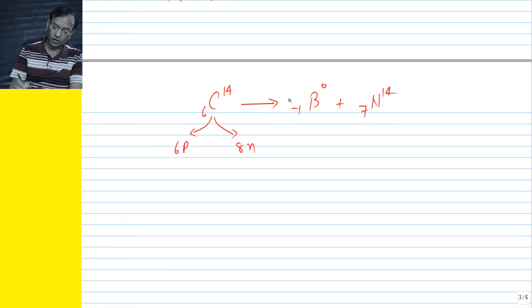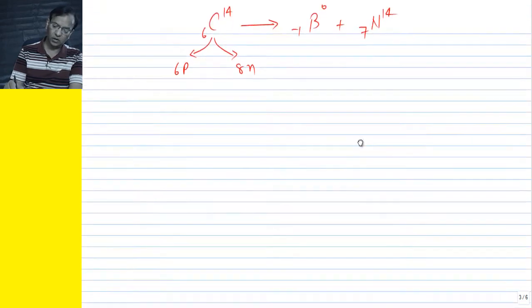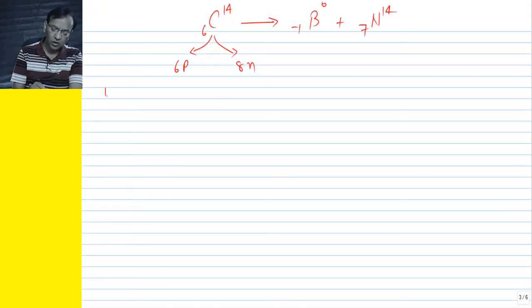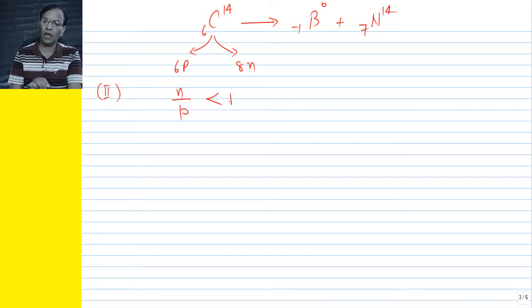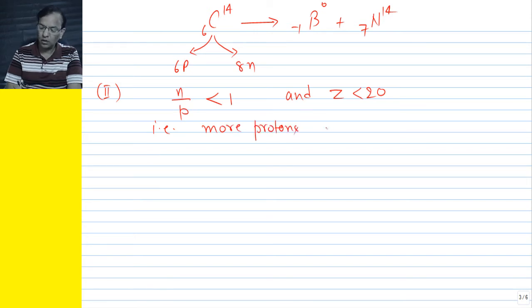The second case is when N by P ratio is less than 1 and Z is less than 20. Here we have more protons than required.